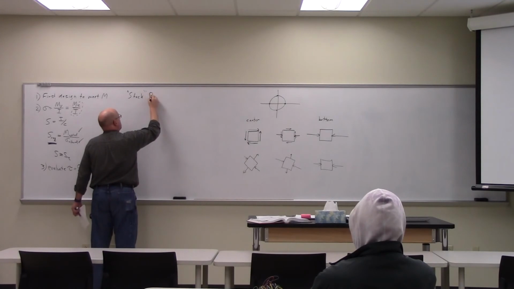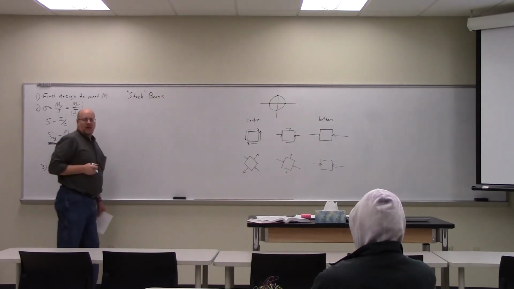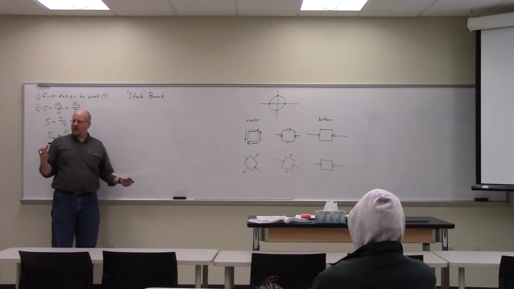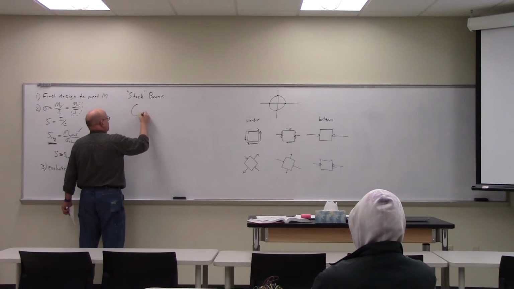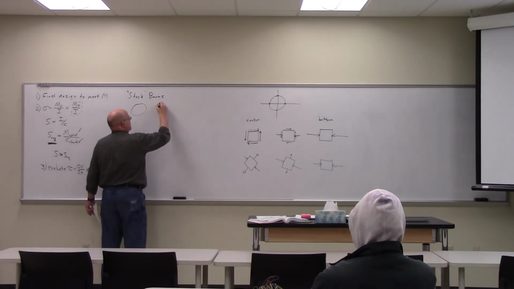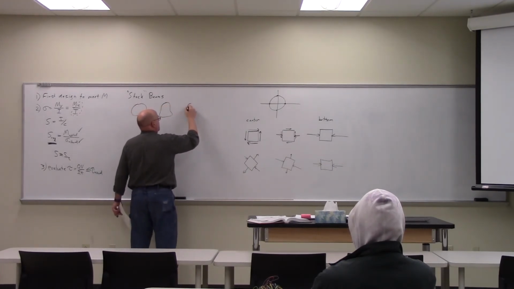So they're not cast? Nope. Stock beams, you take a hot iron ingot and run it through a bunch of dies. So you start off with this, and then you kind of walk down to this, and then you kind of do this.